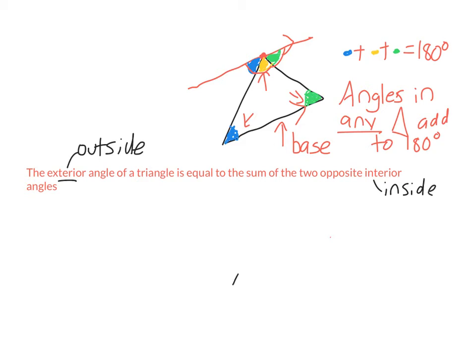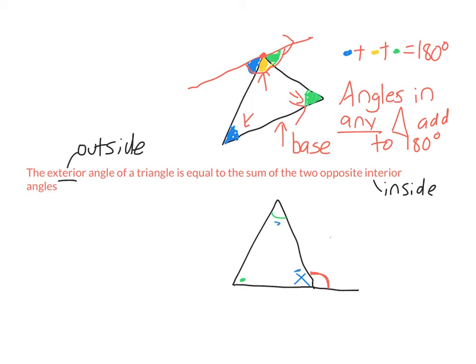Well, let's just draw any triangle again. This will work for any triangle. So if we extend the base there, this one is what we mean as an exterior angle of a triangle. So notice that the red plus the blue must add to 180. But hang on, the blue plus these two angles, the two angles that are in green, they add to 180.